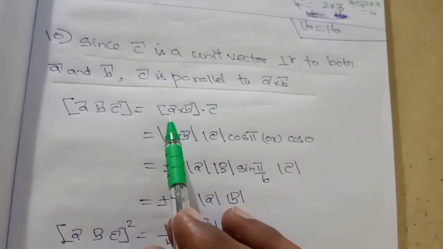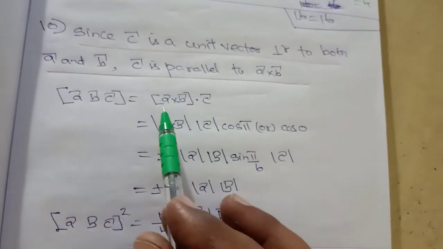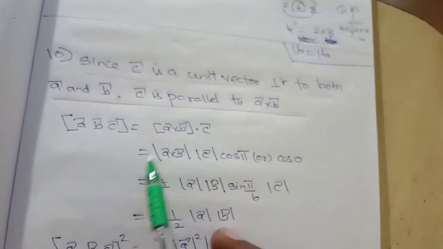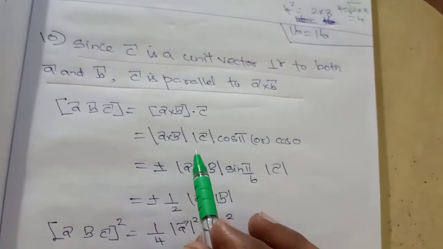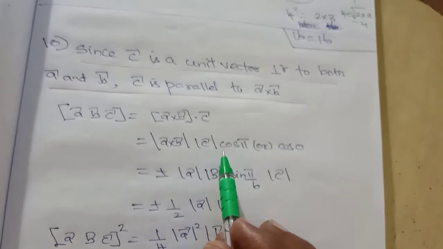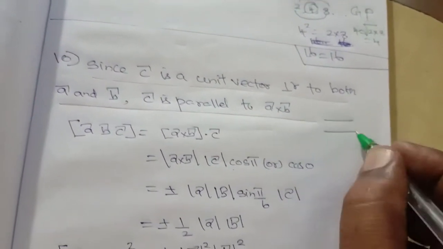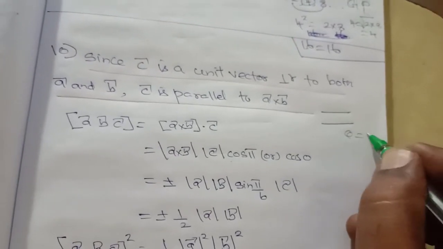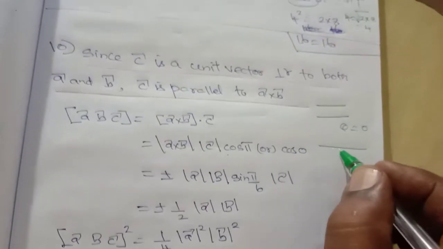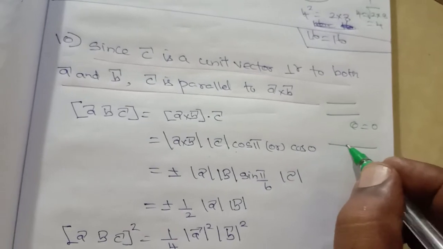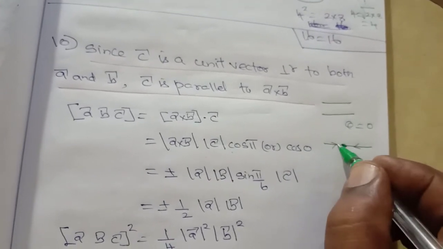So box product ABC equal to what? A cross B dot C. What is A cross B dot C? Modulus of A cross B, modulus of C, cos theta. Parallel is given. Parallel means either theta equal to 0, or sometimes it may be collinear, in that case the angle is what?